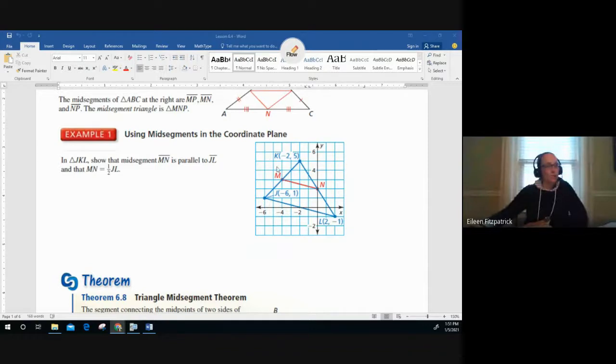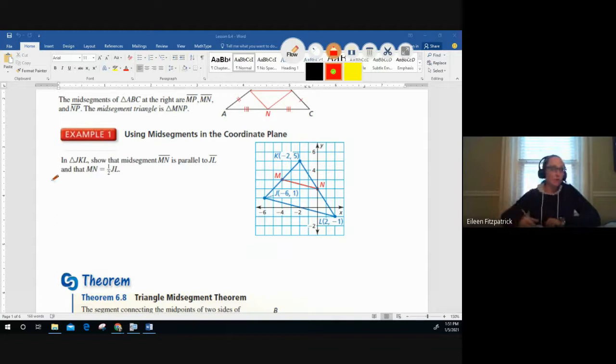So how are we going to show that two segments are parallel? Think about that for a second. What would you need to show in order to prove that two lines or two segments are parallel? You have to show that they have the same slope.